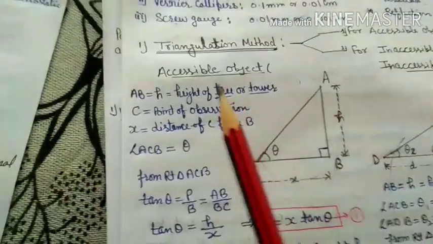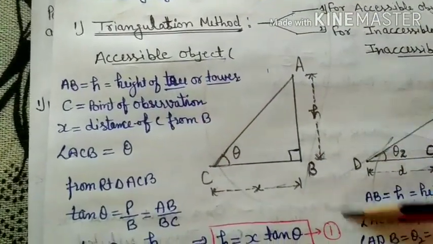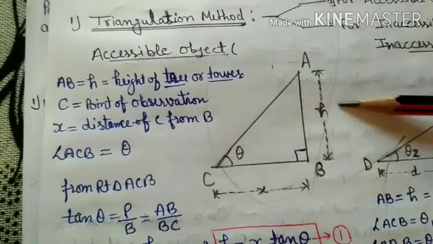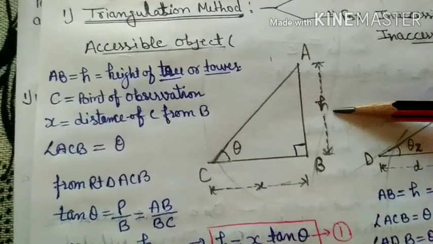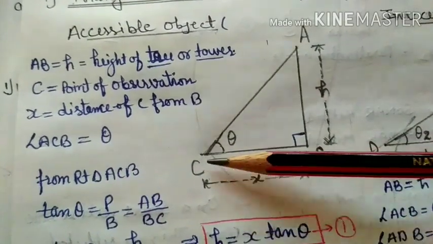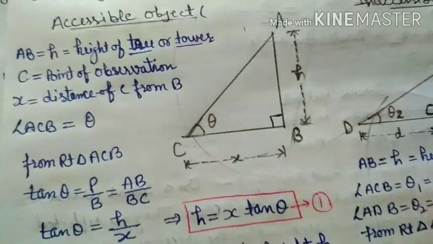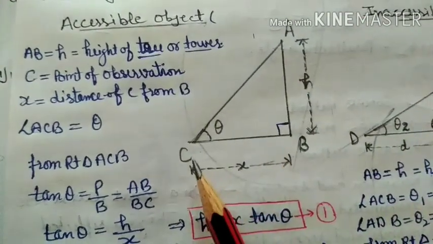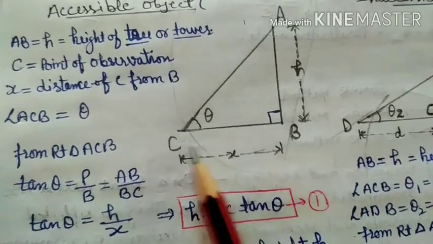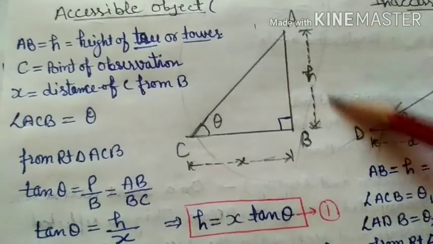Now first we discuss the accessible object. Let us suppose AB is the object, maybe a tower, a tree or any building, and C is the observing point from where you measure the height of that object. Let us suppose the observing point is at a distance x from the base of that tower or tree, and h is the height of that building.